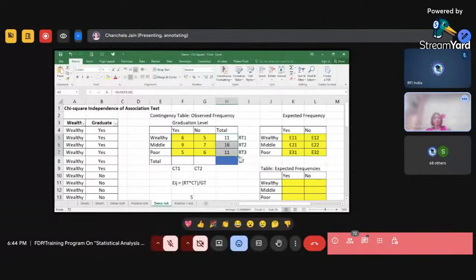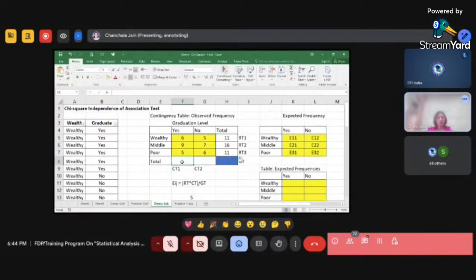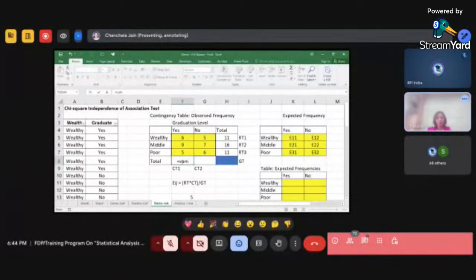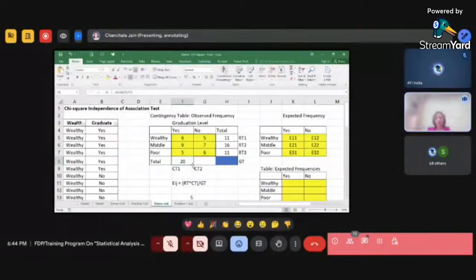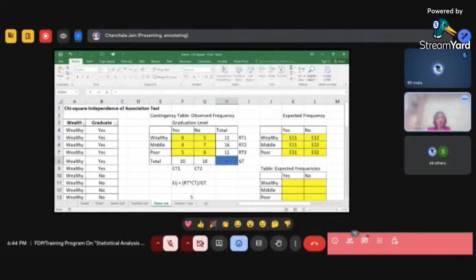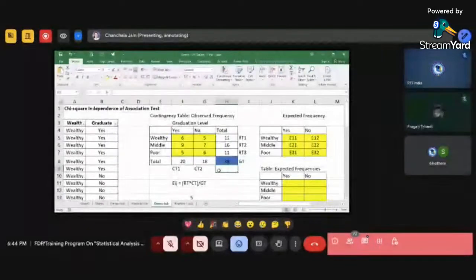Fine. Up to you whether you want to use this function or calculate it directly. Done, everyone? Yes. Not tough, I think.